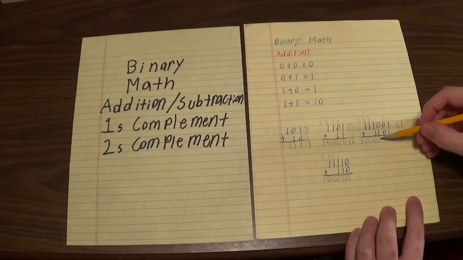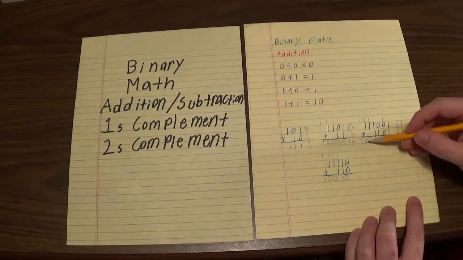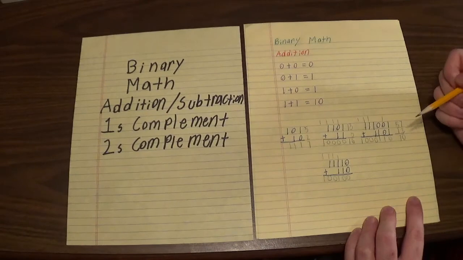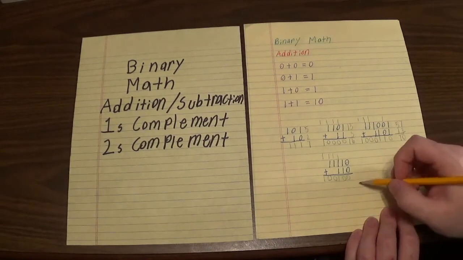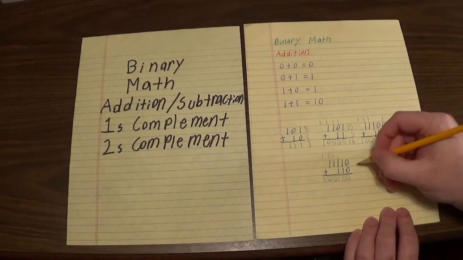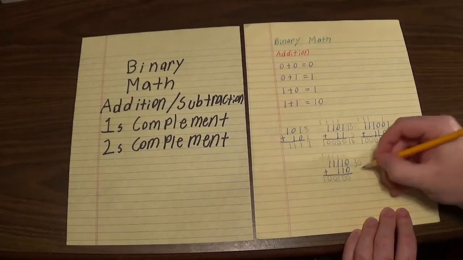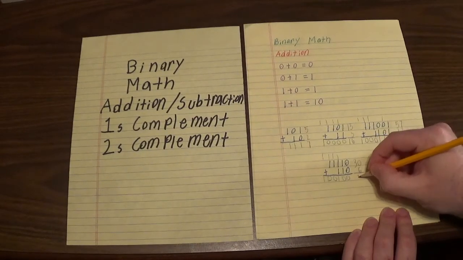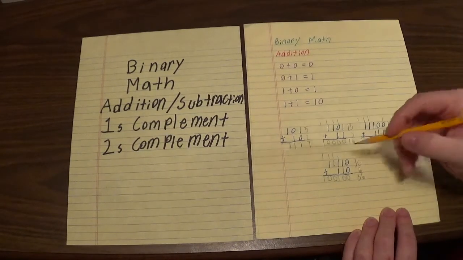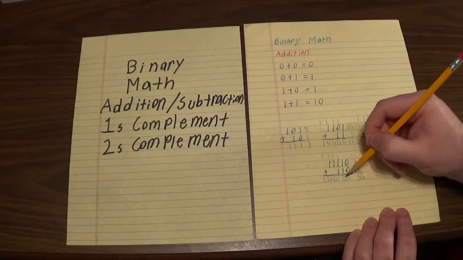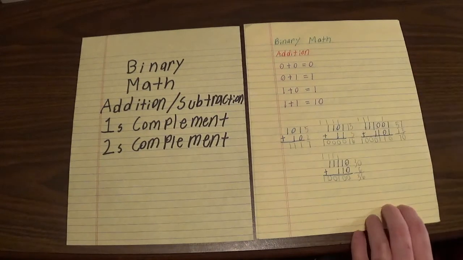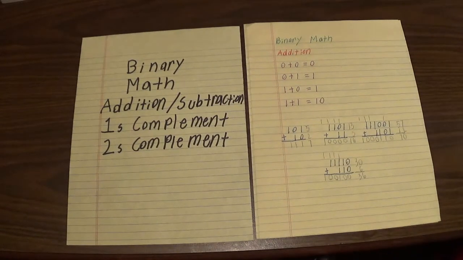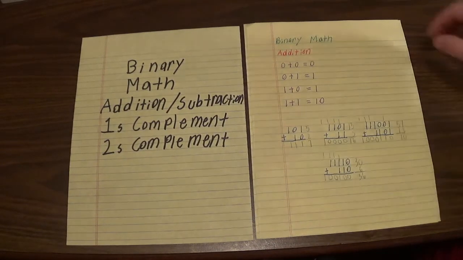So 1, 2, 4, 8, 16, 32, 64, and 4 is 68, and 2 more is 70. And the last one here, this is 30 and this is 6. So this is 36. 1, 2, 4, 8, 16, 32, and 4 is 36. Okay? So that's just the basic operation of addition with binary numbers.